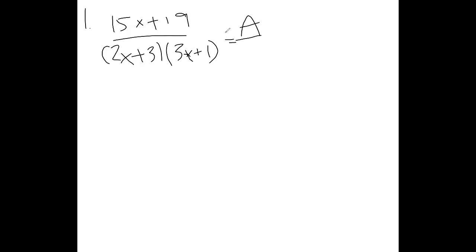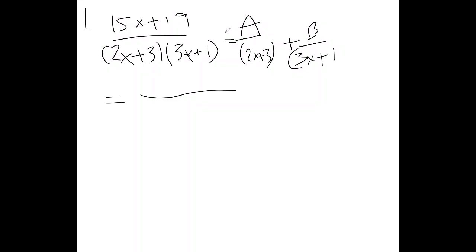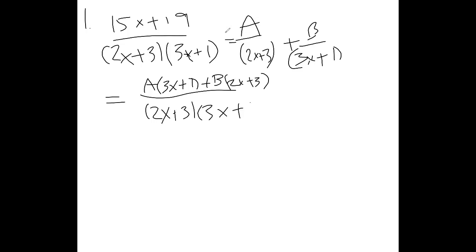We split this into a over 2x plus 3 plus b over 3x plus 1. And we use the least common denominator again. So this is a times 3x plus 1 plus b times 2x plus 3, over 2x plus 3 times 3x plus 1, right?